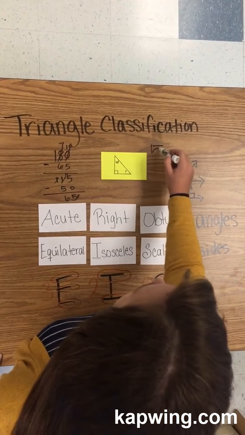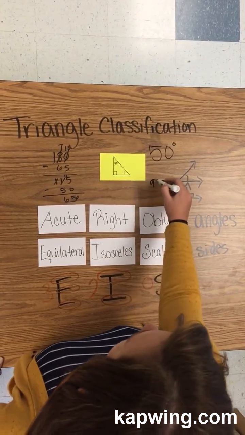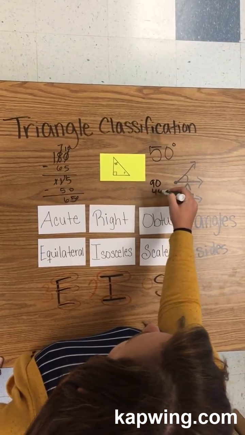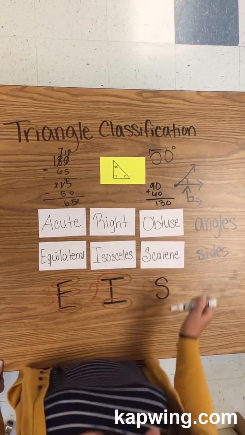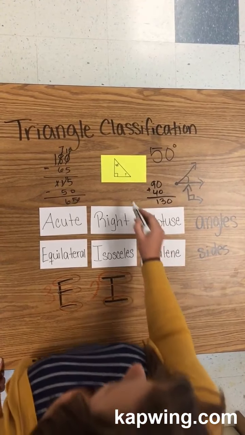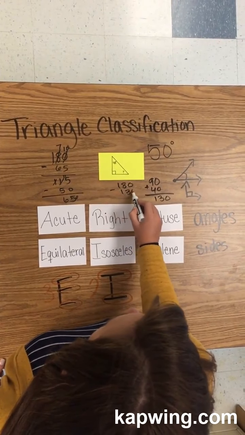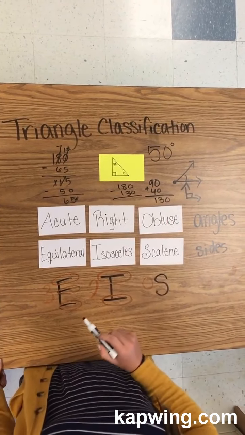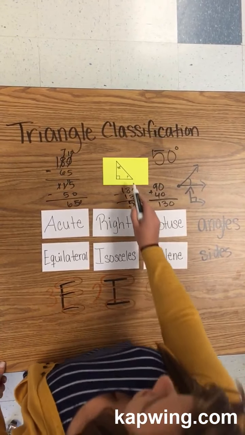If you got 50 degrees, you're right. This angle measures 90 degrees. This angle measures 40 degrees. 40 plus 90 gives me 130. If the entire triangle has 180 degrees, and two of the angles together measure 130, I know that my remainder is 50 degrees for my mystery angle.